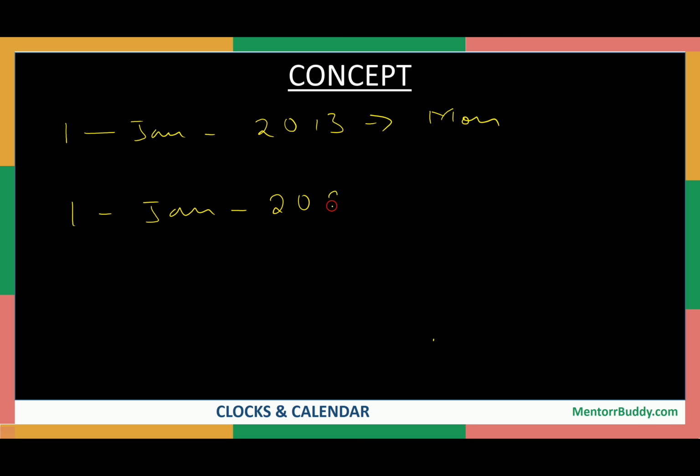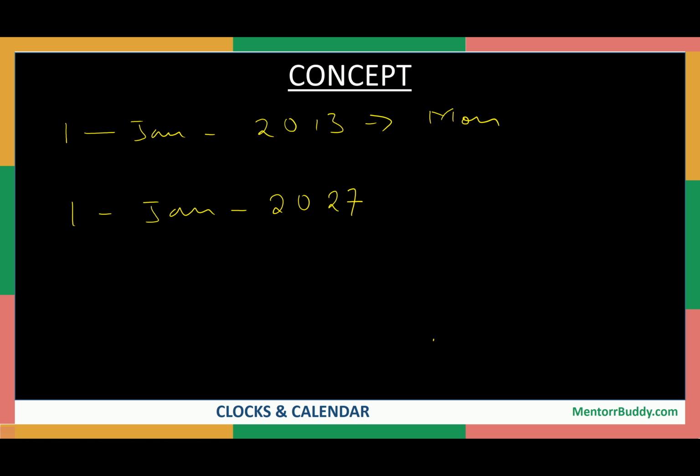See what will happen. For example, 1st Jan 2013 is, let's suppose, Monday. So what will happen on, let's suppose, 1st Jan 2027?